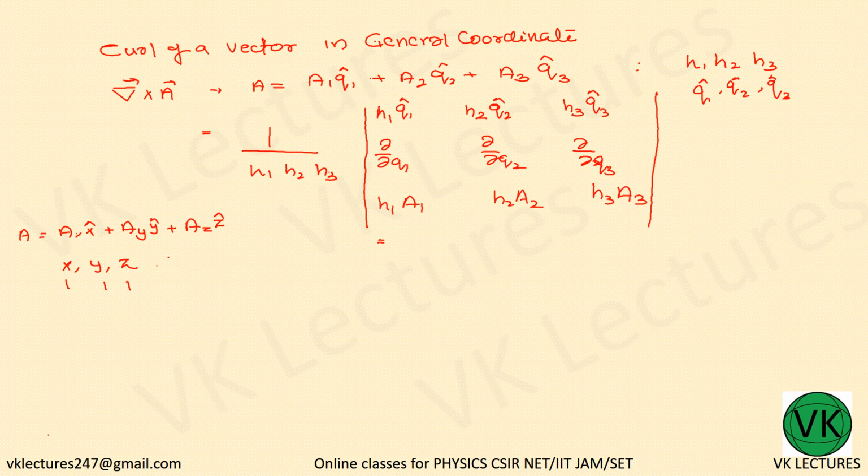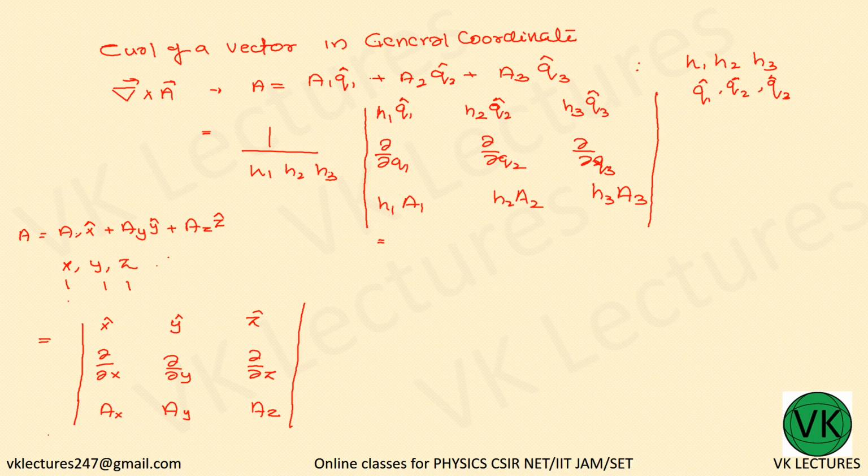So 1 by 1, so we need to find out only the cross product. h1 is 1, Q1 cap is x cap, Q2 cap is y cap, Q3 cap is z cap. h1, h2, h3 are 1, so it is dou by dou x, dou by dou y, dou by dou z, and this is ax, ay, az.